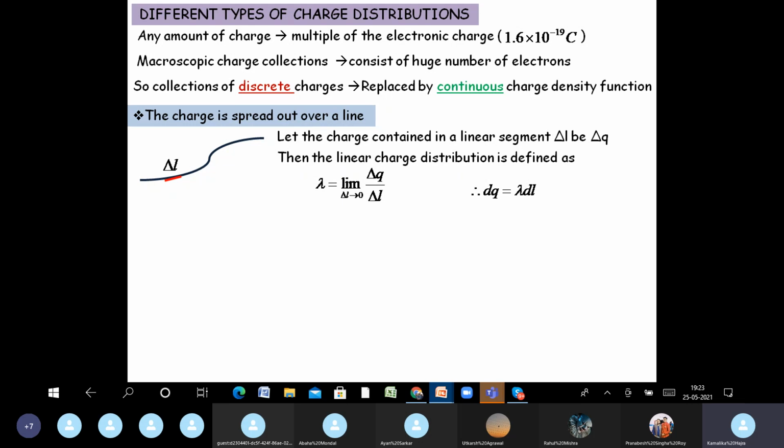So the total charge will be obtained by integrating lambda dl, okay, from say L1 to L2, where L1 and L2 are the limits of this wire. So this is what is meant by charge distribution, and the first type is linear charge distribution, denoted by the symbol lambda.